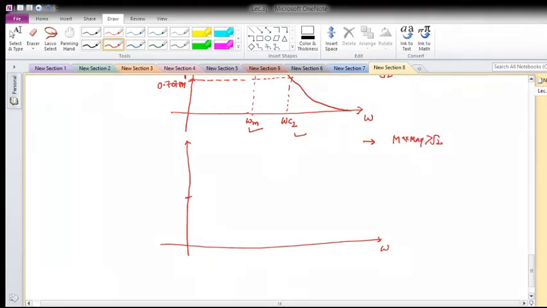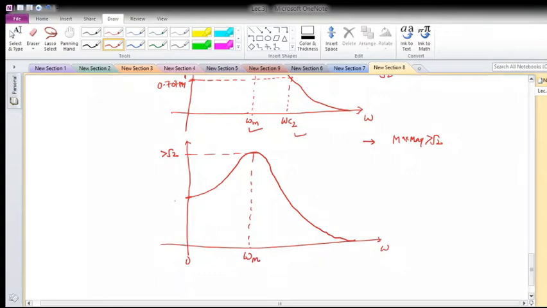Okay, so at omega equal to 0, I'll get 1. As omega varies, there will be peaking, like this. Suppose this maximum magnitude is greater than root 2. This is my maximum frequency omega m.